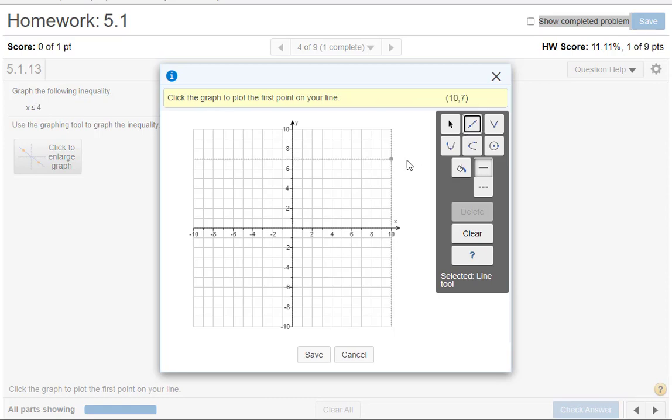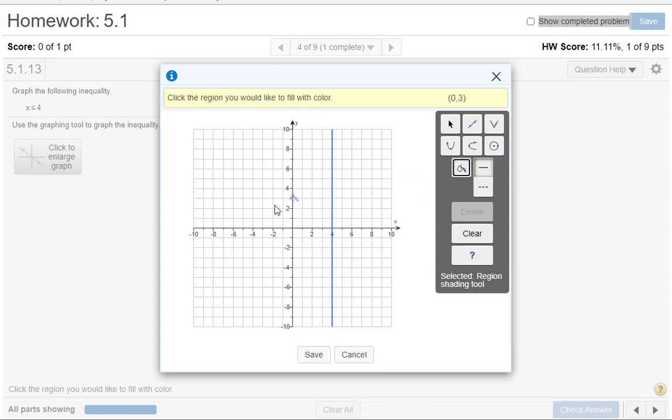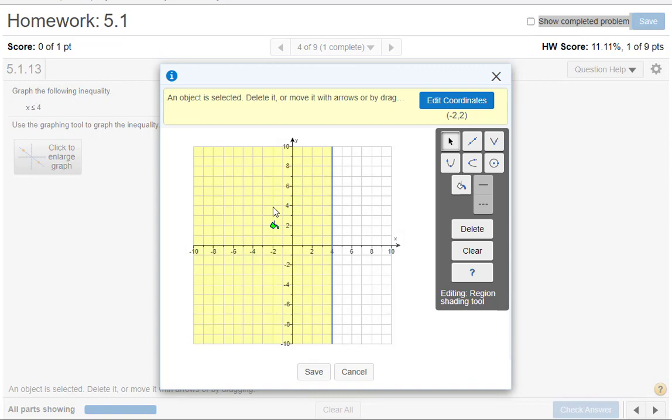It crosses at 4 and stays vertical. So there's my vertical line. I need to figure out which side works. If I pick the origin, 0 is less than or equal to 4, so I'm going to put it on that side.